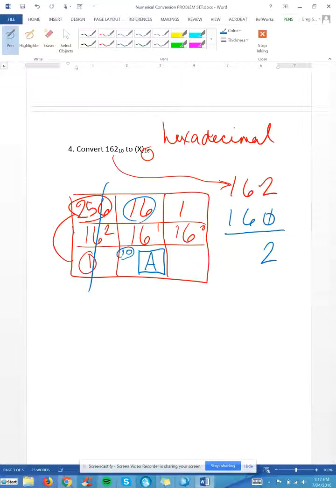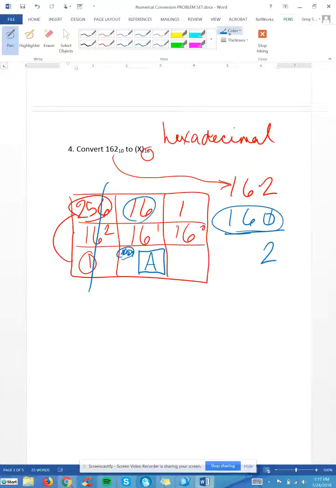So it's really in that column the value A. I'm going to cross this off because it's really an A. So A times 16, which is really 10 times 16, is 160. We subtract and we get 2.